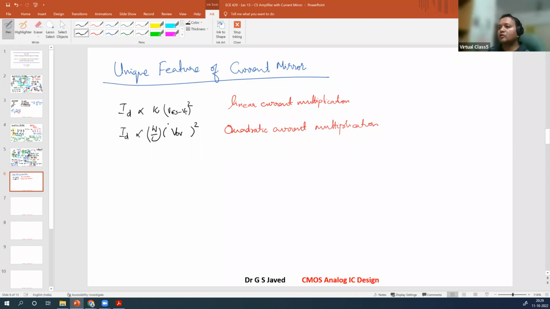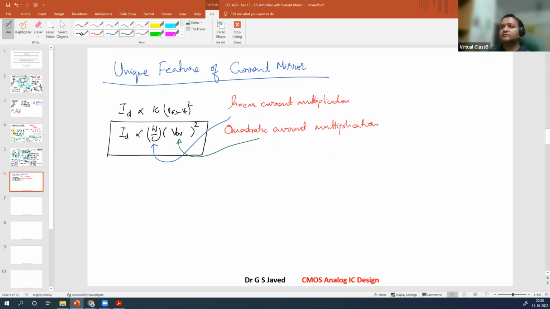Overdrive. The overdrive is given as VGS minus VT. So if you look at this equation here, you will see that current has a linear relationship with the geometry, and it has a quadratic relationship with voltage. So if you want to increase the current exactly by any fraction that you want, then you can multiply that fraction by just increasing the geometry size.